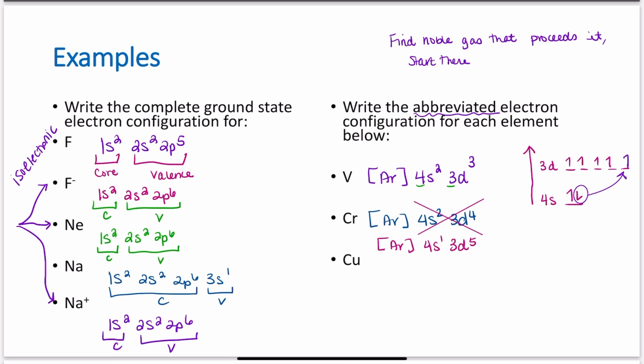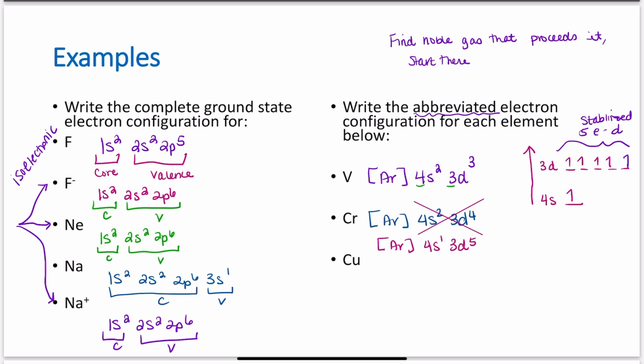When it does that, this electron is no longer here, can't create nor destroy things, but now I have a half-filled s shell and a half-filled d shell. That full s shell did make it more stable, yes, but s is only 2 electrons being stabilized. In doing so, it has stabilized these 5 electrons in the d orbital. So chromium is actually going to promote one of them. So we're going to see it to be 4s1, 3d5.